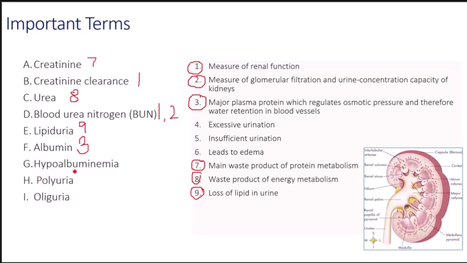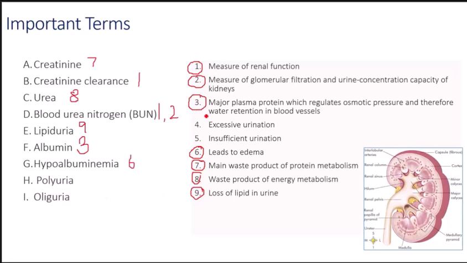Hypo is low, albumin is the protein, and emia refers to blood. So that's relating to number 6 here. And if you remember from our lecture on the digestive unit, we talked about how this leaking of fluid out of the vessels because of low albumin can cause fluid to build up in the interstitial spaces, or outside of the blood vessels.